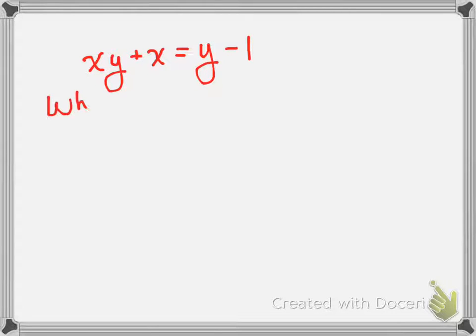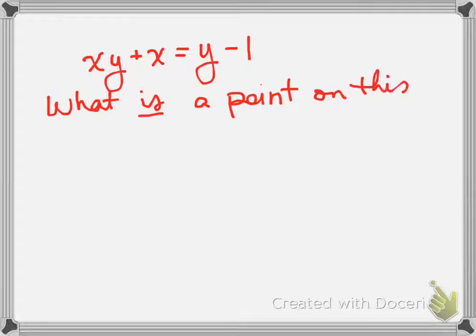So let's try to take that very same equation and see if we actually can come up with a point. So for example, I want to know what is a point on this graph. Well, I might say, what if x is 1?